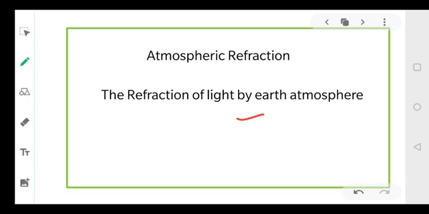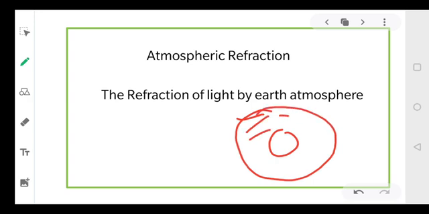See dear students, we know that around the Earth there is a sphere of air, isn't it? This is your atmosphere. So there is a sphere of air that surrounds the Earth. And the density of the air present around the Earth changes depending upon the temperature.